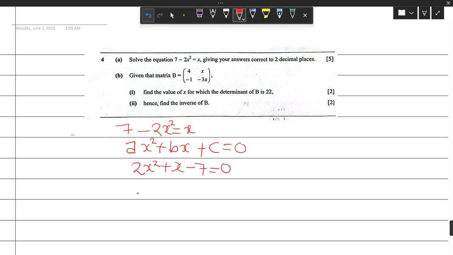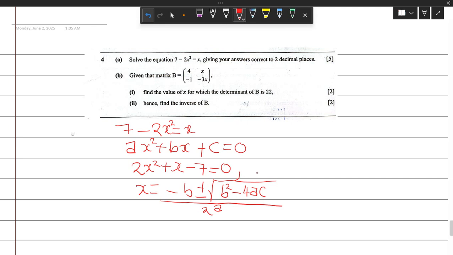The formula goes like this: x equals negative b, plus or minus the square root of b squared minus 4ac, then the whole of it you divide by 2a.